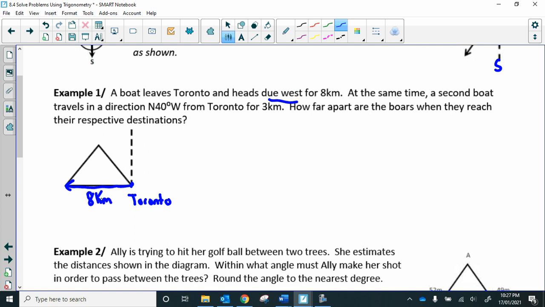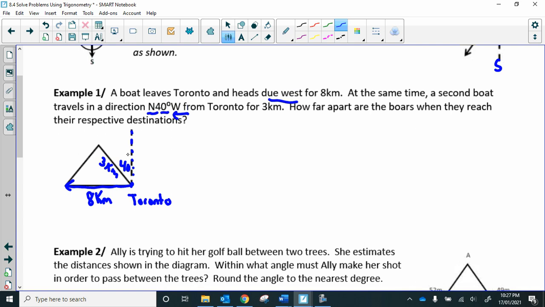At the same time, a second boat travels in a direction N 40 degrees west. So again, N is north, so you draw a dotted line north, and it's 40 degrees to the west, which the west would be to the left. So this in here is 40. For 3 kilometers. So this is 3 kilometers. I get a little messy here.